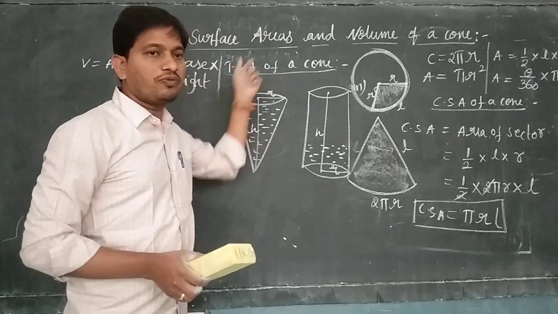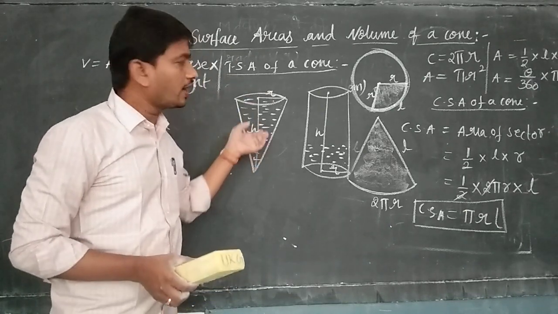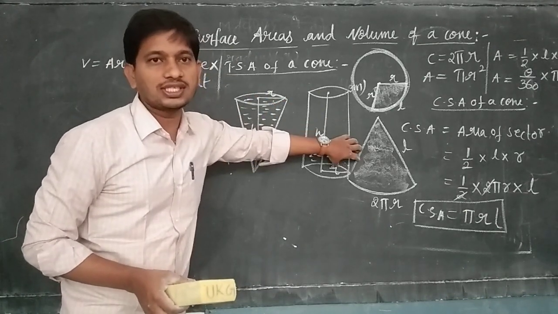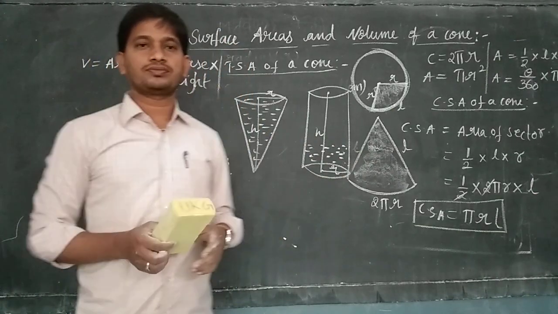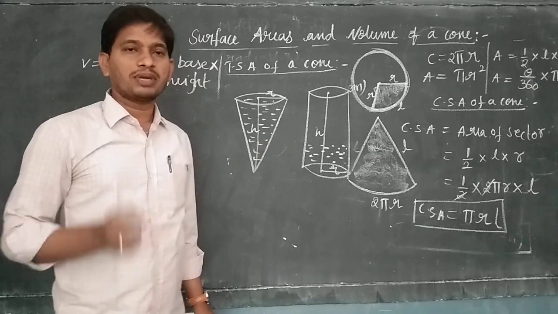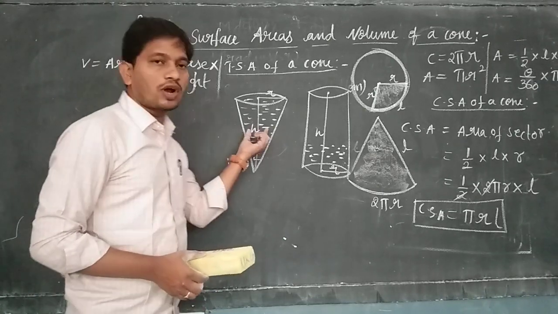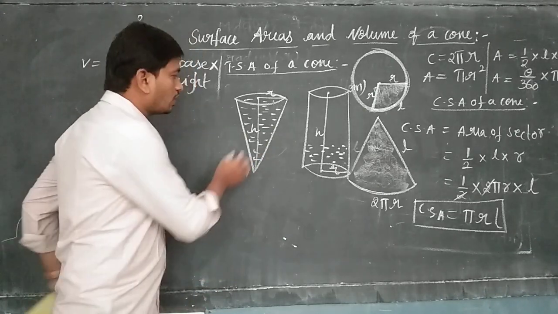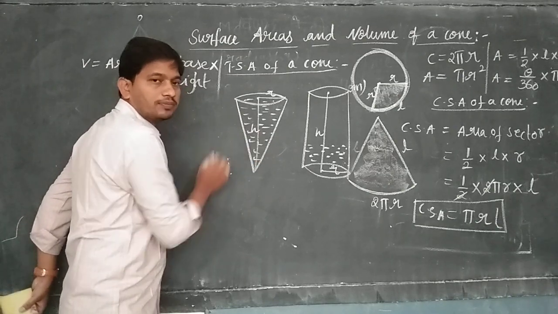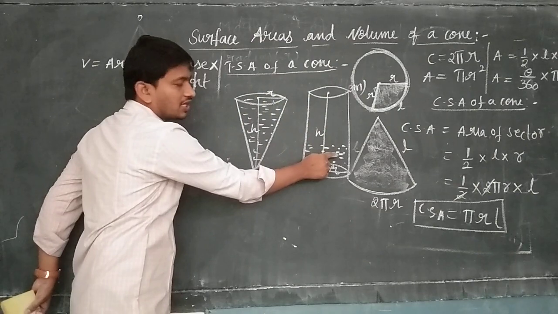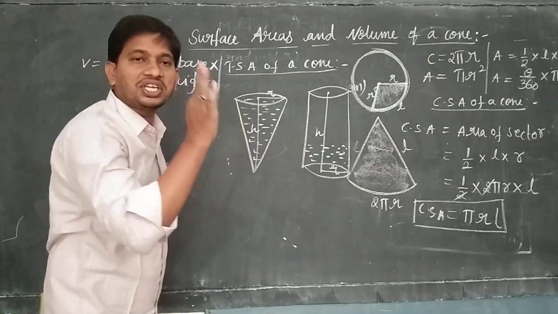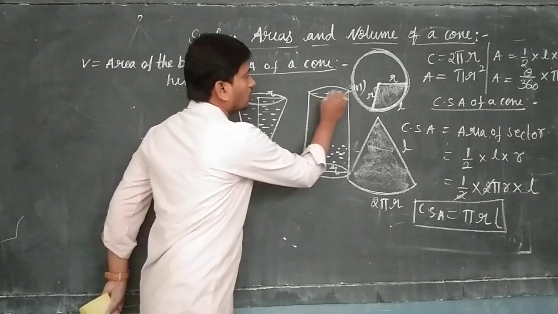Again you fill the water into the cone and again pour that water into the cylinder. This process you repeat 3 times. Why, students? Because the volume occupied by that water, when we fill it into the cylinder, takes 3 times to complete the whole cylinder.